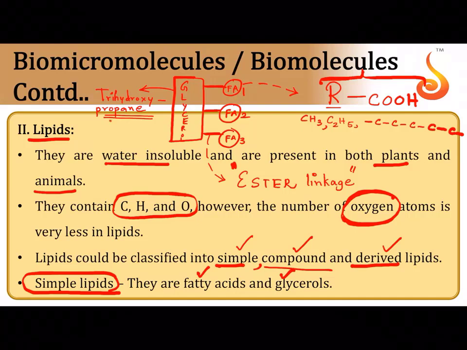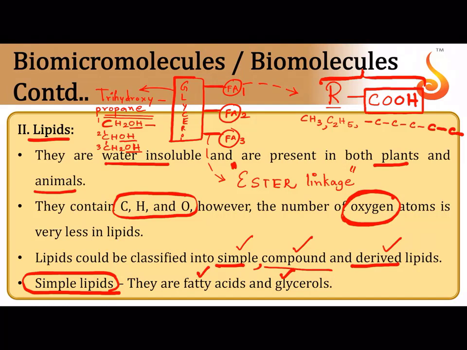And the formula for glycerol is CH2OH, CHOH, CH2OH. So totally glycerol has 1, 2, 3 carbons. That's why it's called a propane. And notice that the glycerol molecule has 3 OH groups, and this OH group reacts with the carboxylic acid group of the fatty acid to form a linkage.